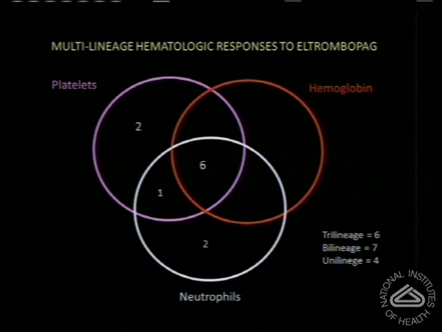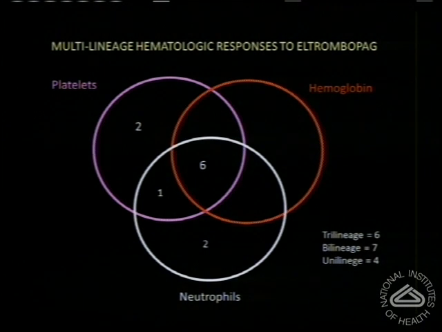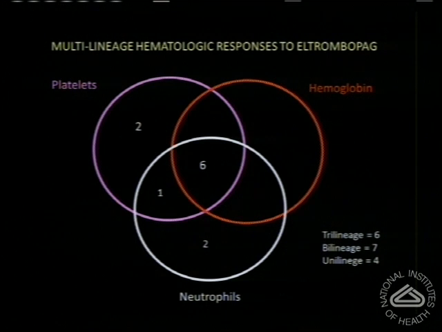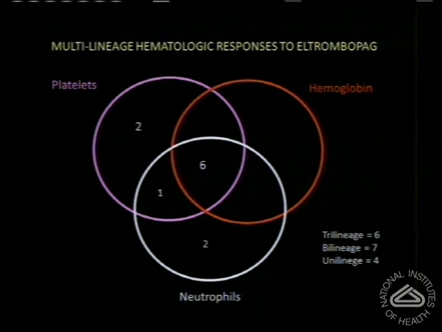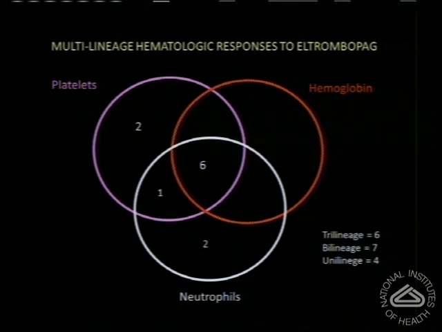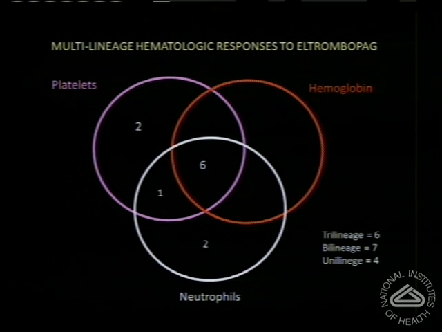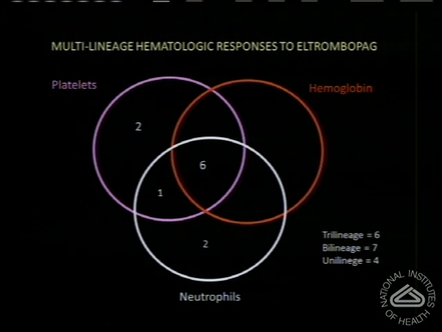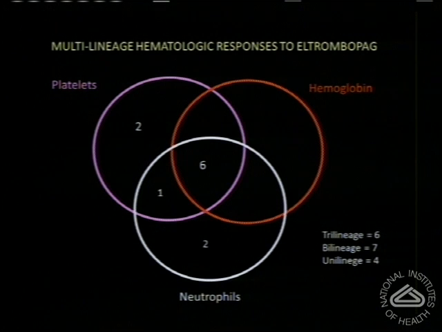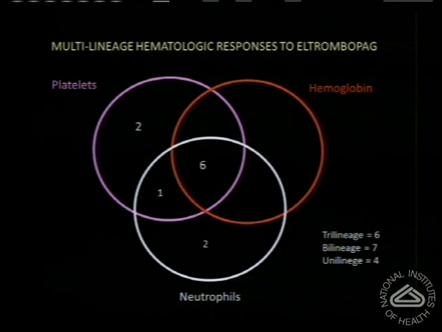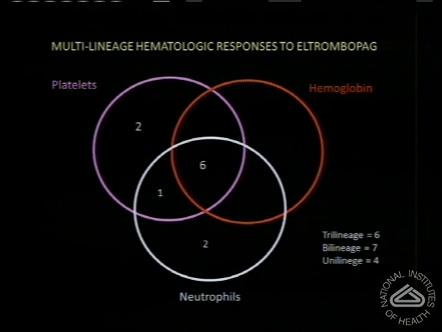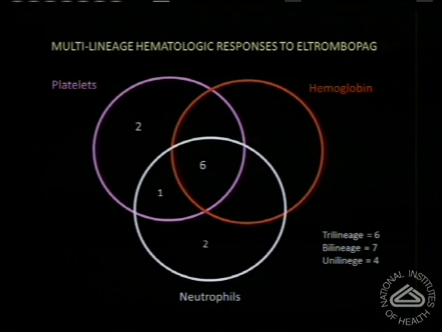They also occurred in multiple lineages, meaning that it wasn't just the platelets that improved. All the blood counts got better. And if all the blood counts are getting better, that's very suggestive that we're actually impacting the stem cell. Not all three lineages, but actually the hematopoietic stem cell. That's almost certainly what's going on. So you see that the majority of the improvements occurred in hemoglobin, neutrophils, and platelets.